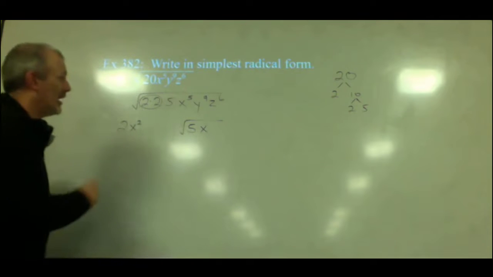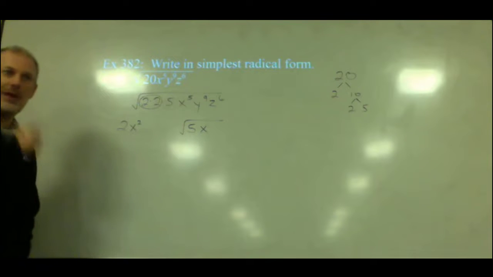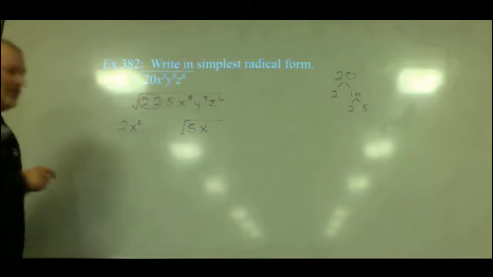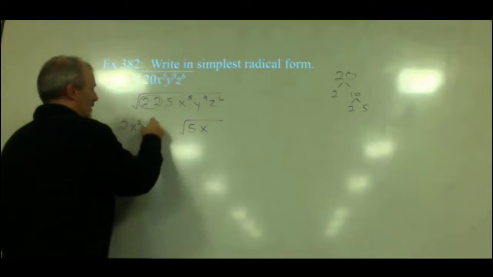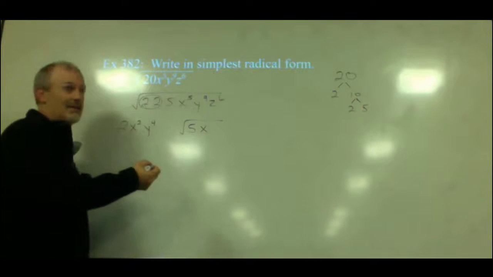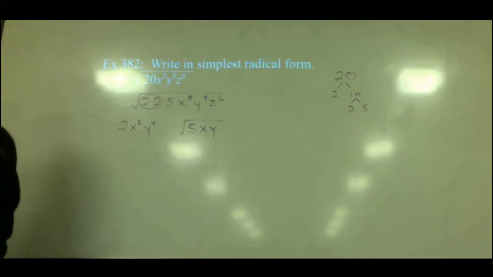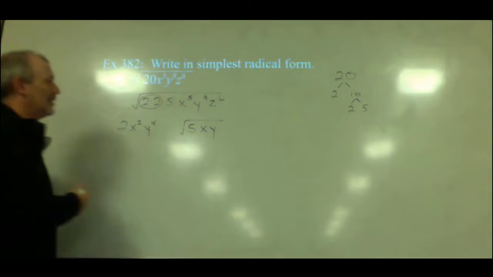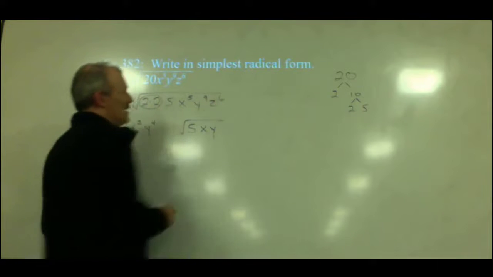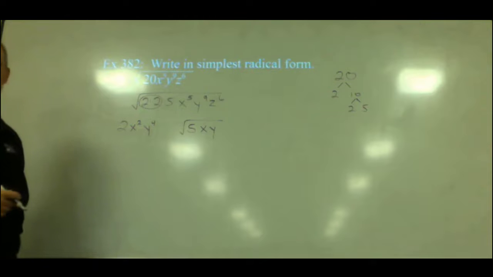If I've got 9 y's and I need pairs, how many pairs will I be able to take out? 4 pairs. And how many y's will be left over inside? Just 1, because we used 8 of them. And if I've got 6 z's and I need to take out pairs, how many pairs of z's will I be able to take out? 3.